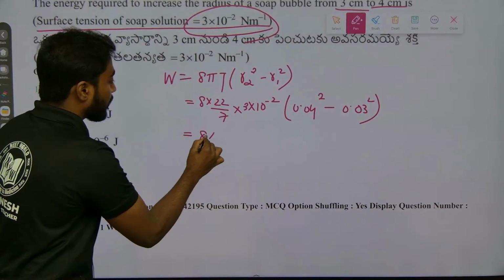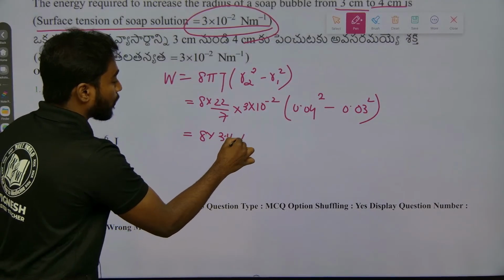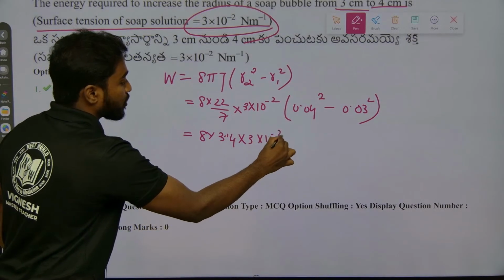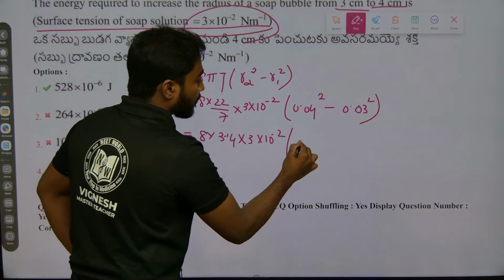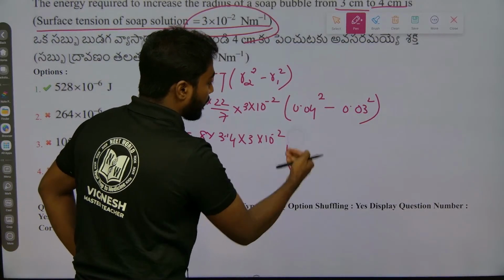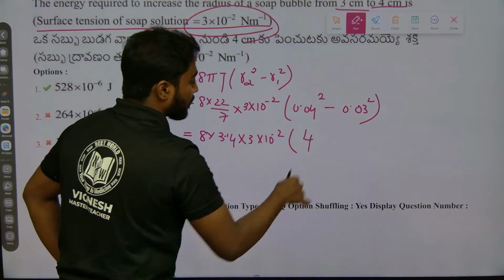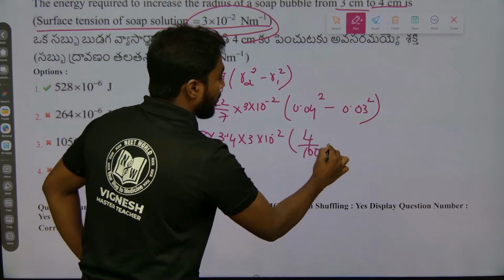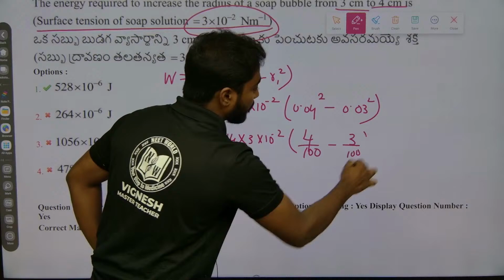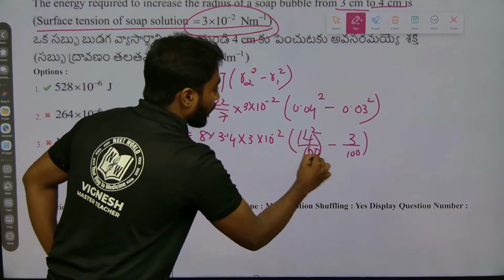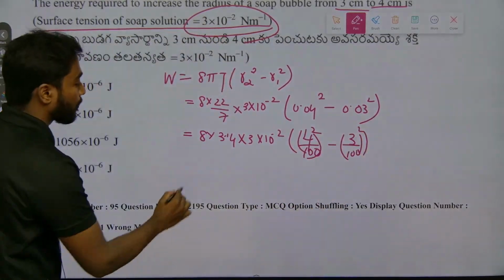So 8 into 3.14 into 3 into 10 power minus 2, then 0.04 I will write as 4 divided by 100, minus 3 divided by 100. The square, whole square guys, don't forget, it's a whole square.